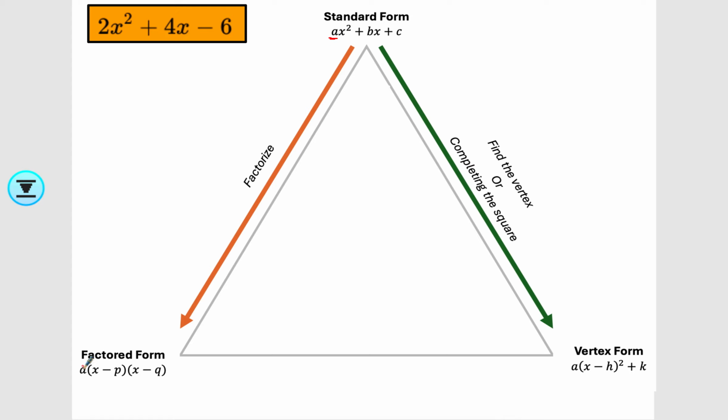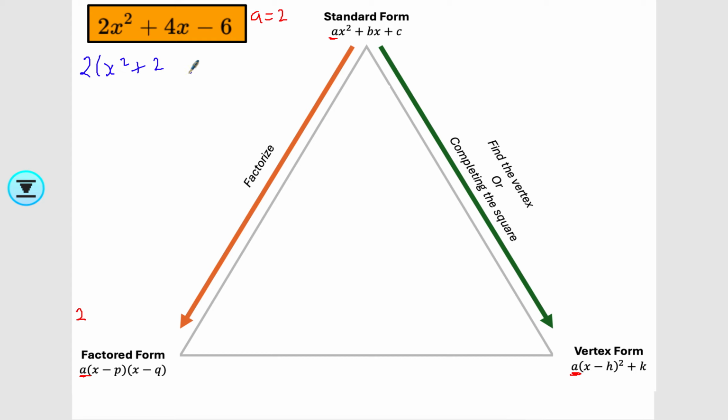If you want to move from standard to factored form, first of all, always remember that in all the forms, the a value is always the same. So always make sure you have your a value. In this case, my a value is 2. So I know factored form is going to start with a 2 and then something. I will just factorize this normally. First I can see I have a GCF I can factor out.